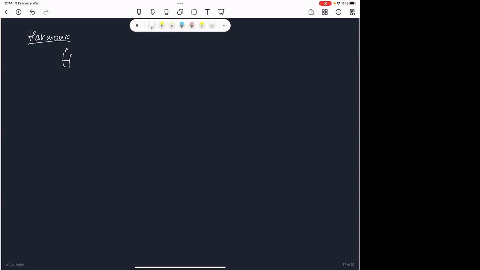So if you start with your Hamiltonian, and say that you want to write your Hamiltonian in terms of the creation and annihilation operators, it's just a dagger a plus 1/2.